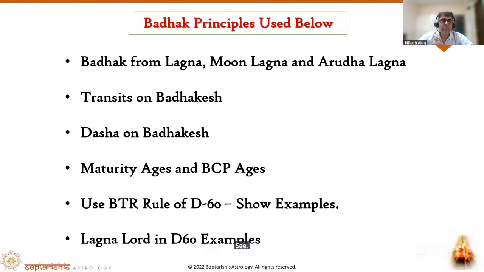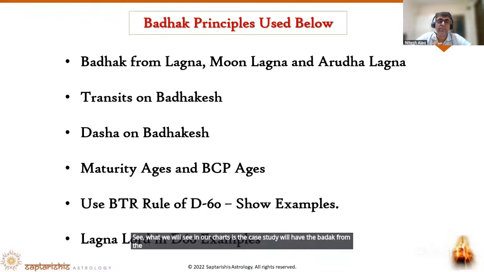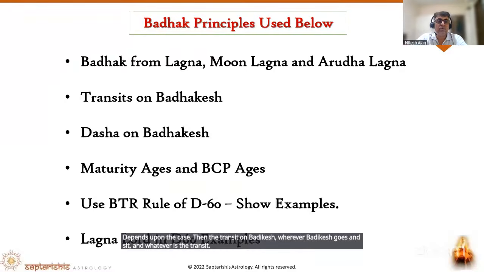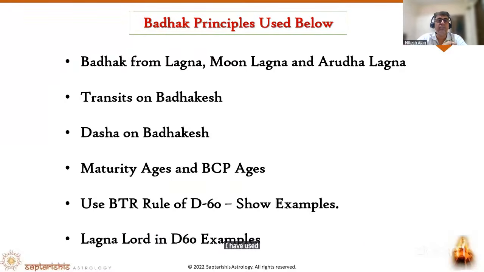In our charts, each case study will have the Badhak from the Lagna, the Moon Lagna and the Arun Lagna. Few will have Lagna and Moon Lagna, few may have Arun Lagna, depending upon the case. Then the transit on Badhakesh, wherever Badhakesh goes and sits, I have used the representation of J Hora, which shows the outer chart of transit and the inner chart of natal.